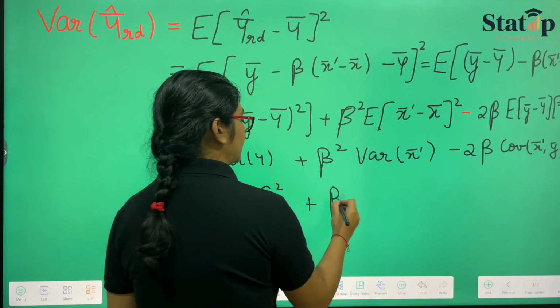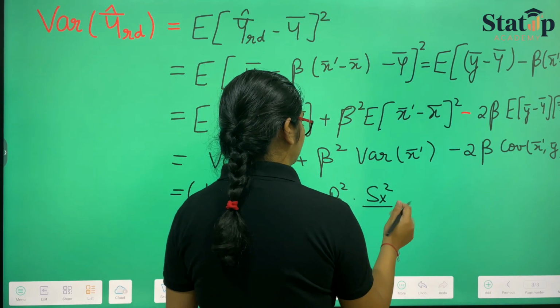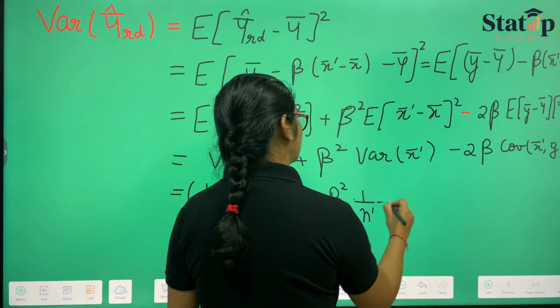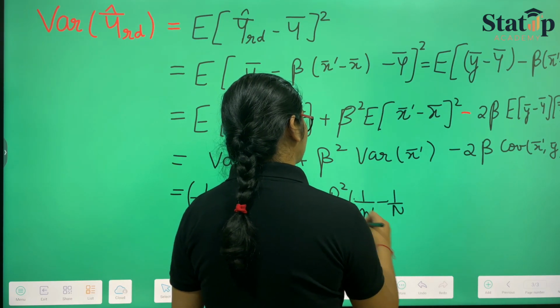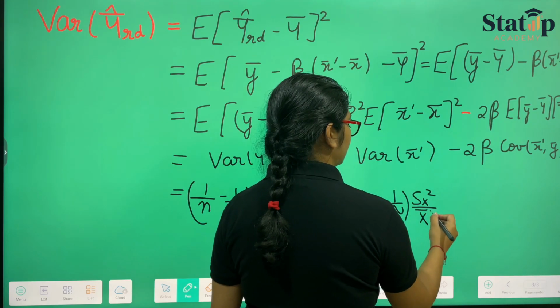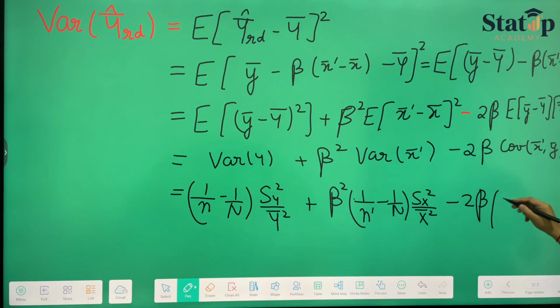This is beta square into Sx square upon x bar square, and it will also contain n prime, so 1 upon n prime minus 1 upon capital N. And this is minus 2 beta into 1 upon n prime minus 1 upon capital N, Sxy upon x bar into y bar.